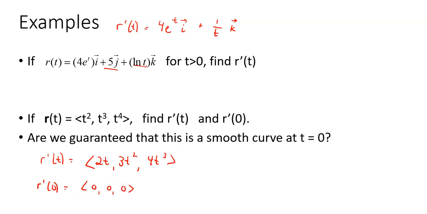So the first derivative is equal to 0 at t equals 0. Is it smooth? No, because the rule was that the first derivative could not equal 0. So what that means is that if 0 is a critical point, it may change direction there, but I have no guarantee that it's actually changing direction. All I know is that the derivative at 0 is the 0 vector.